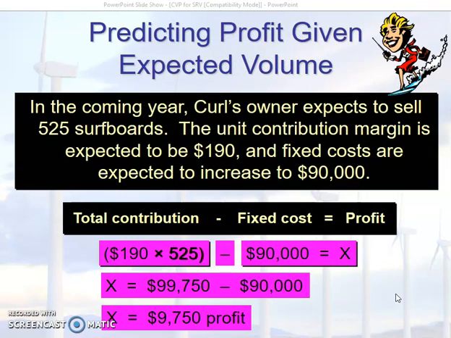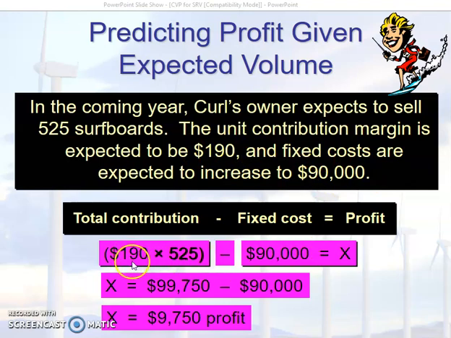And then we can also predict profit given an expected volume. So here what they've done is they have budgeted for the sale of 520 surfboards with an expected contribution margin per unit of 190. This also says fixed costs are expected to increase to 90,000. So lots of bad news here. Our variable costs have gone up and our fixed costs have gone up.